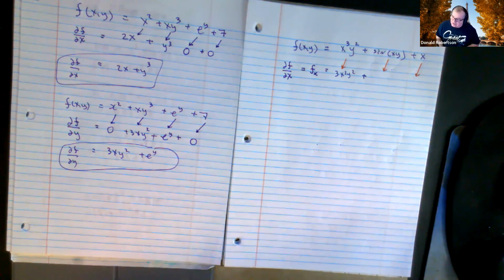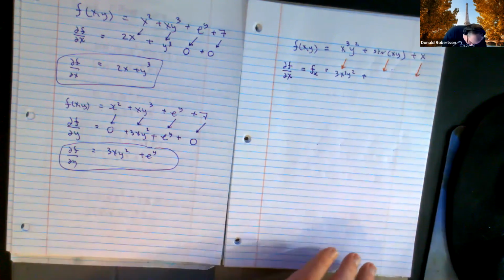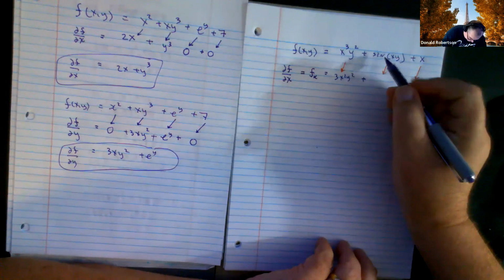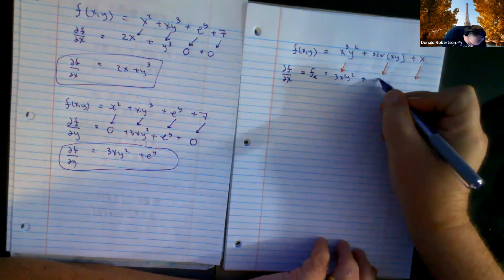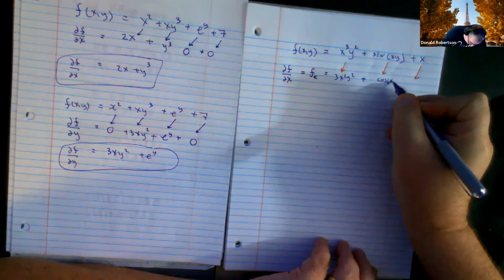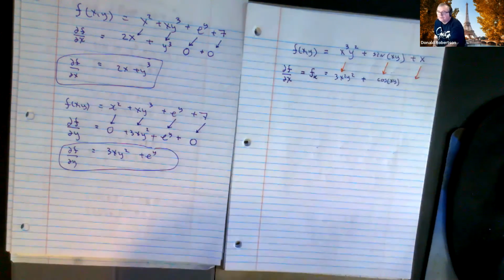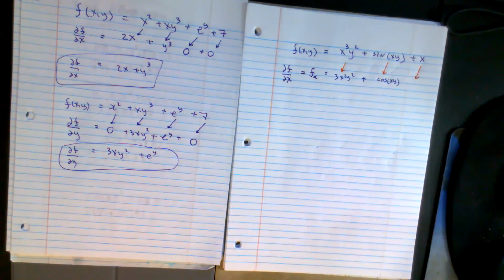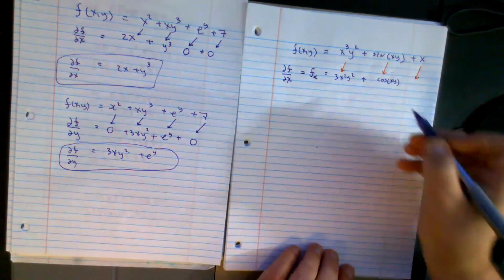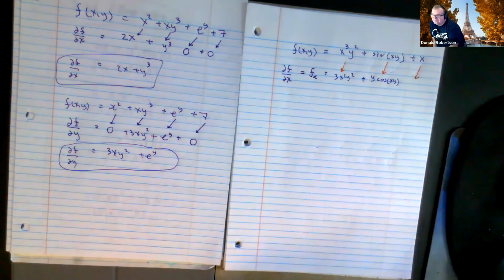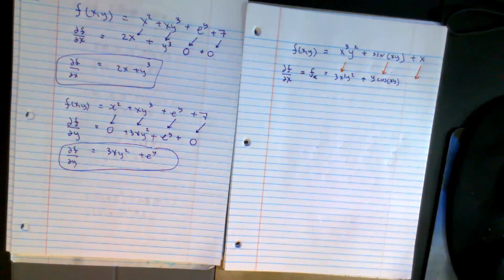It's going to be half right, but also half wrong. If you want to differentiate the sine of xy, you get the cosine of xy. But it's a chain rule, so you've got to multiply it by the constant. So you'd have to multiply it by y. Agreed? And what will the plus x get you? 1. Right.